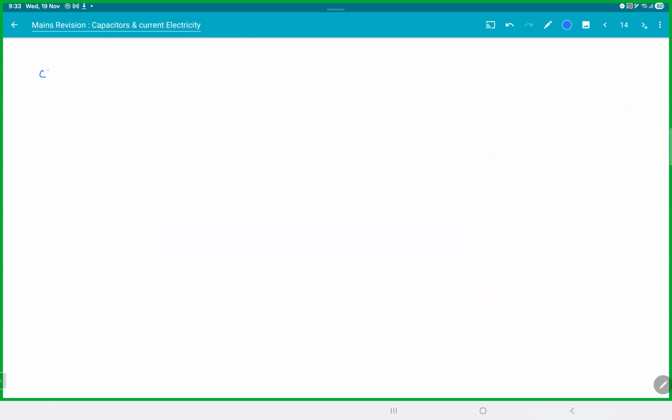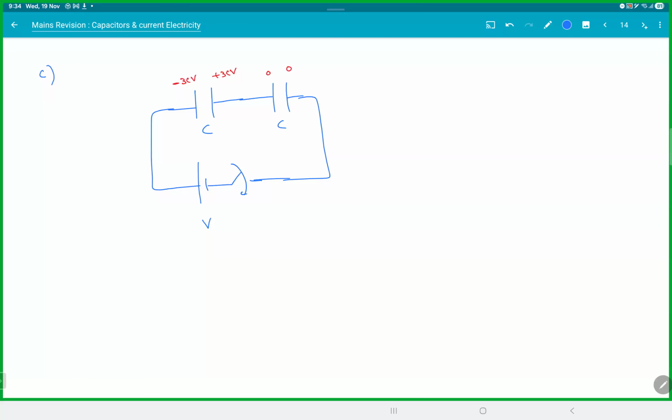Similar one. Let's say we have a capacitance, we have a battery this time. We have one more capacitance. Let's say this is V. This is minus 3CV and this is plus 3CV. This is 0 and 0. Find the final charges and the heat produced when the switch is closed.